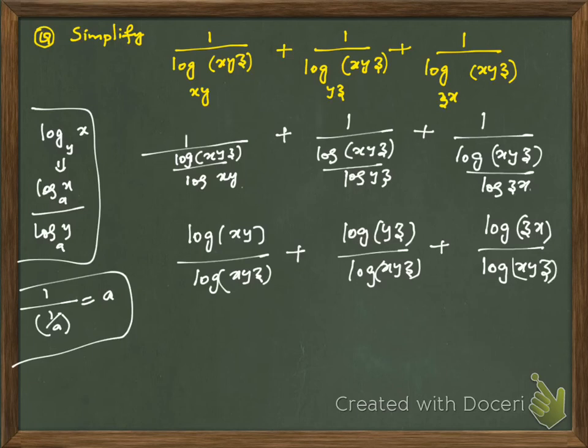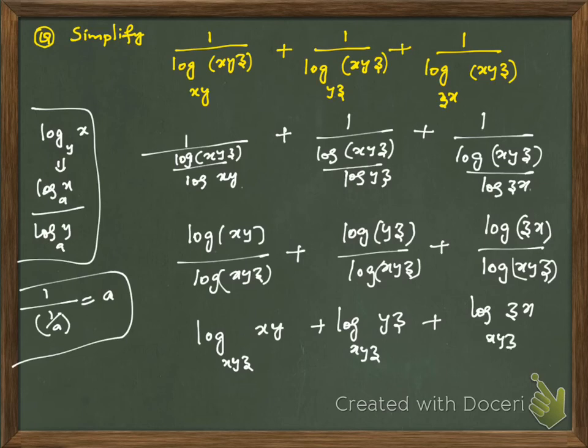So simplifying this, this can be written as log of xy to the base xyz plus log of yz to the base xyz plus log of zx to the base xyz. Now if you have log a plus log b plus log c, you can write it as log of abc. So that will become log of xy into yz into zx, and if you simplify into a common term, that will become log of x square y square z square.